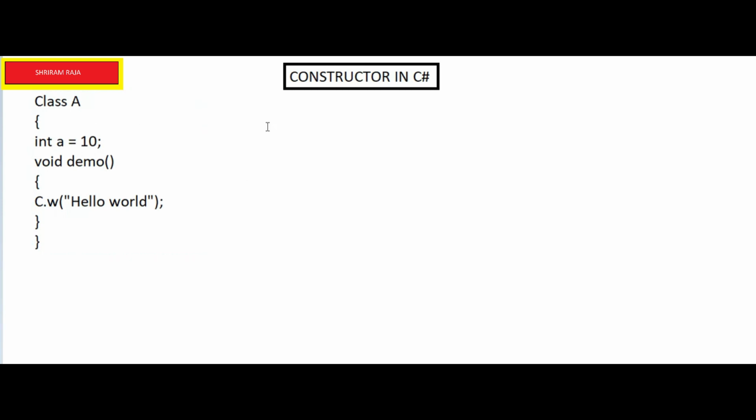So when you try to create an object for this class, A1 equal to new A, this is the syntax for creating an object. When you try to create this object, this new keyword is used for creating objects. And here you can see this A is calling the constructor.